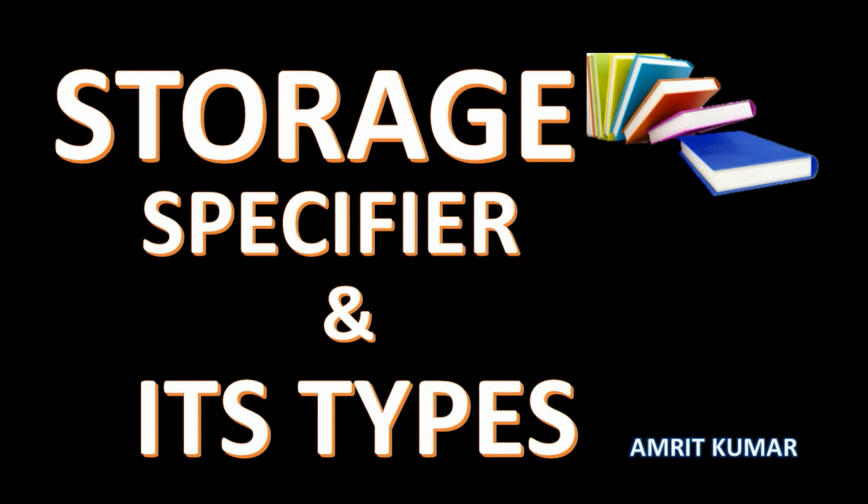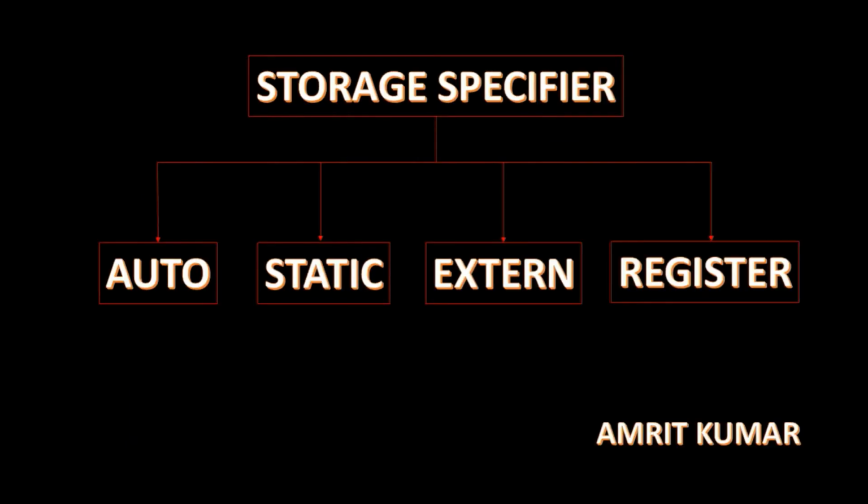External storage specifier is also a type of storage specifier. So let's look at the categories of it. Storage specifier has been classified into four sections, as I have told you: auto, static, external, register. In the previous video we learned about auto and static.